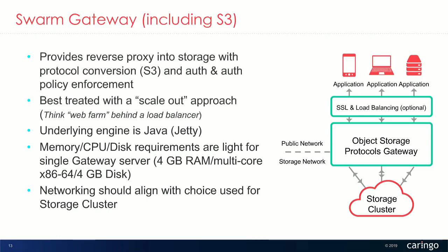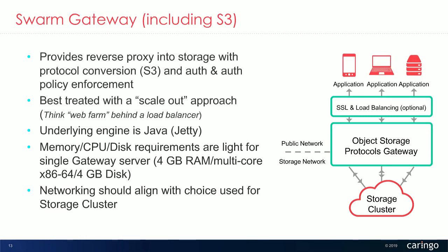Be aware that since it is Java, a good rule of thumb for Swarm Gateway is that if you feel like you have to size the max heap for a gateway to be pretty large, let's say you're approaching 32 gigabytes for a single gateway, which we would never recommend doing, we would tell you to scale that out. You're going to want to stop there. The reason for that is because of the way pointer math is done in Java.